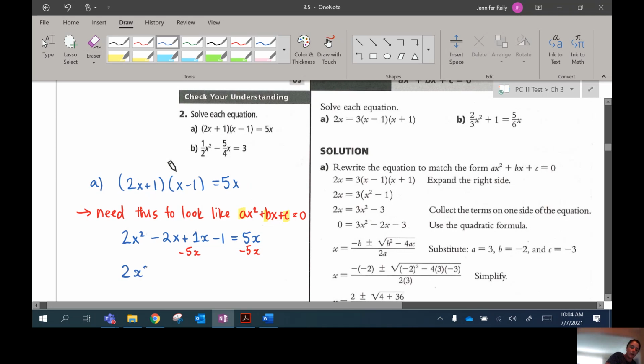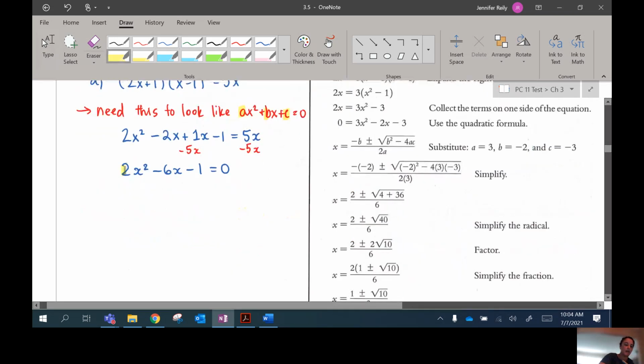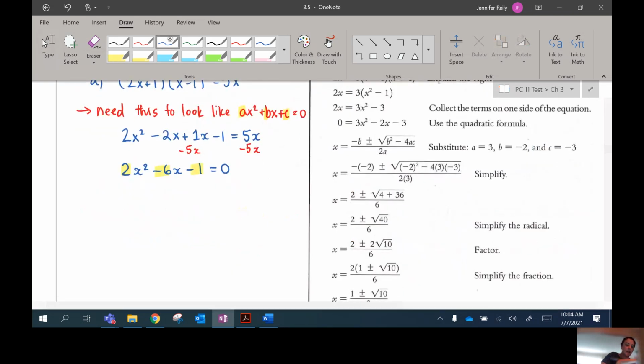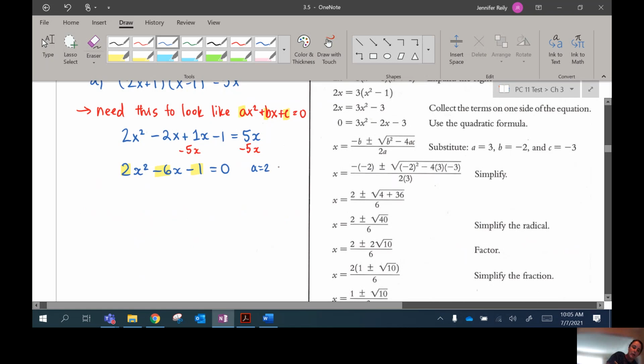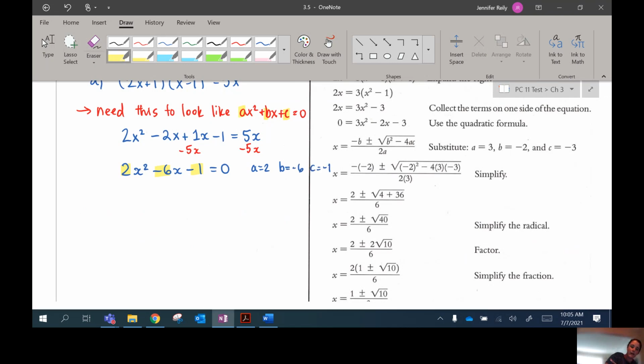So I'd have 2x squared minus 7 plus 1, so negative 6x, minus 1 equals 0. Now that it's in this format, I can tell what my A, my B, and my C are. So A equals 2, B equals -6, and C equals -1.